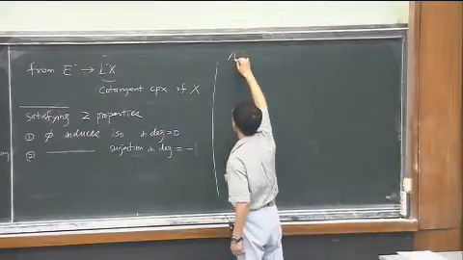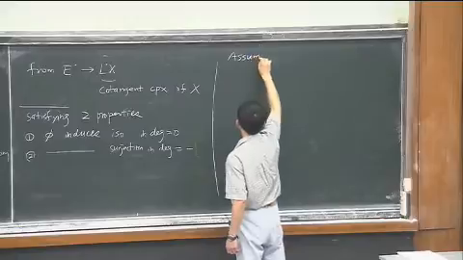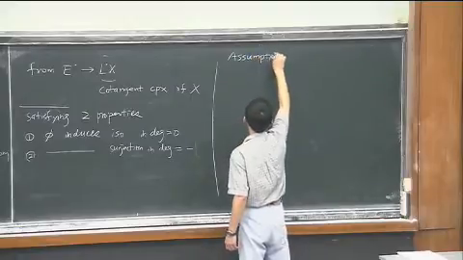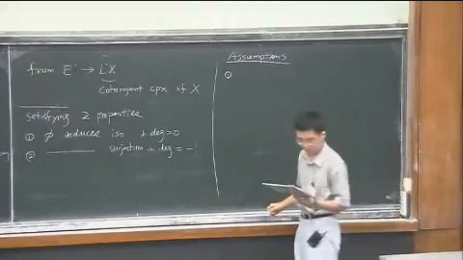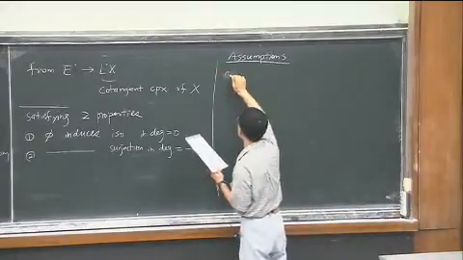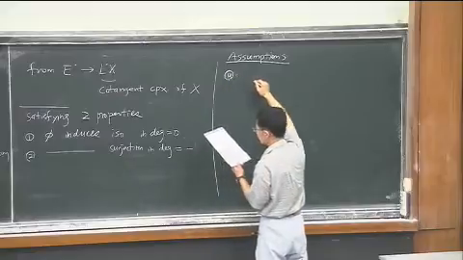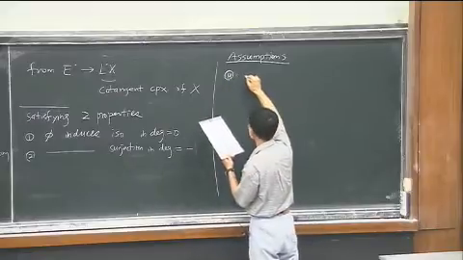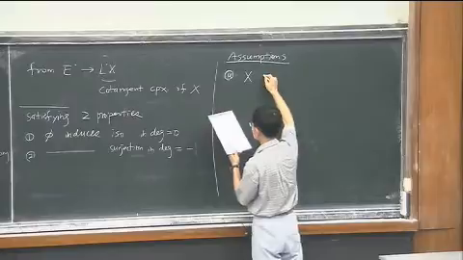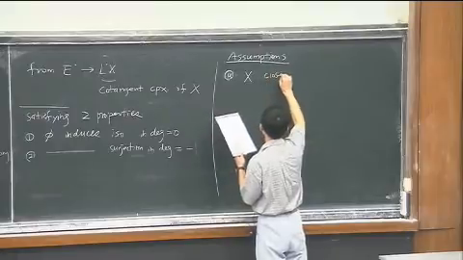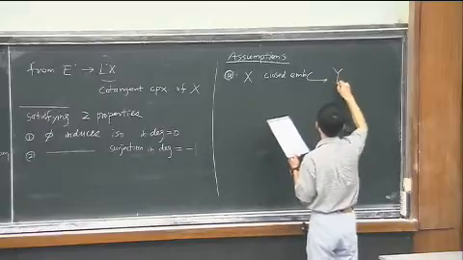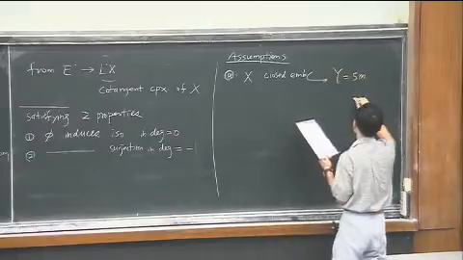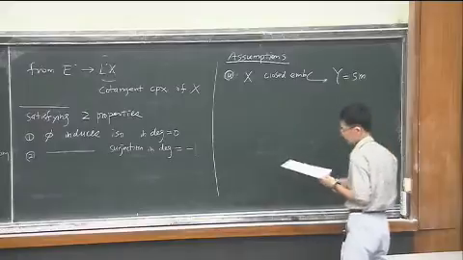And so to make our life easier, I will make assumptions that, first, there is an embedding. So this is a closed embedding into Y, which is smooth, a scheme or stack.